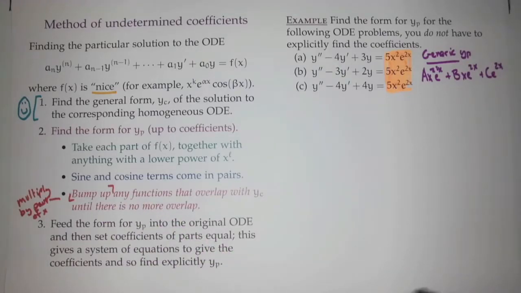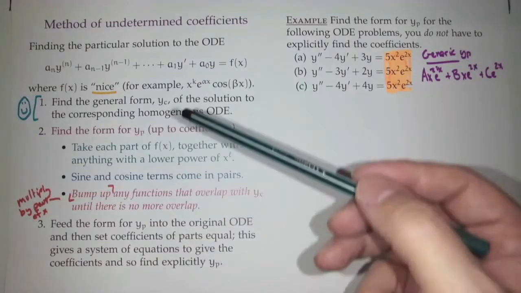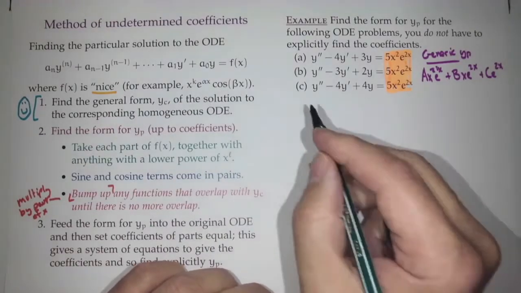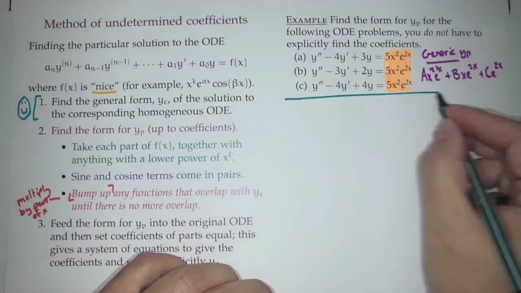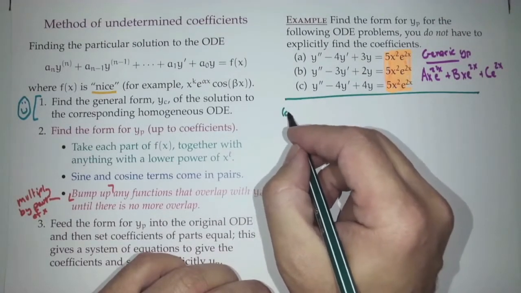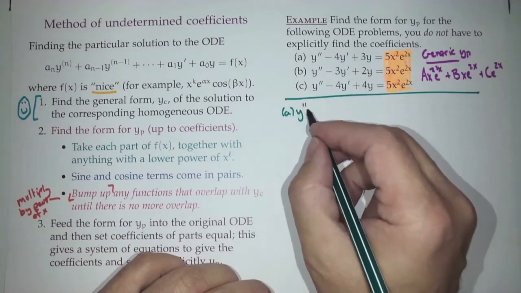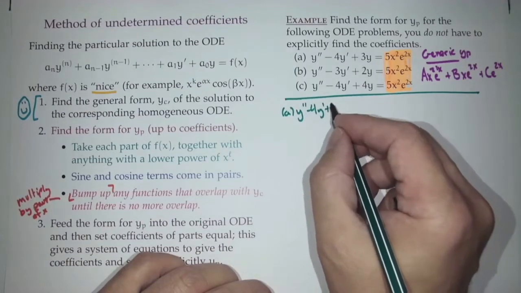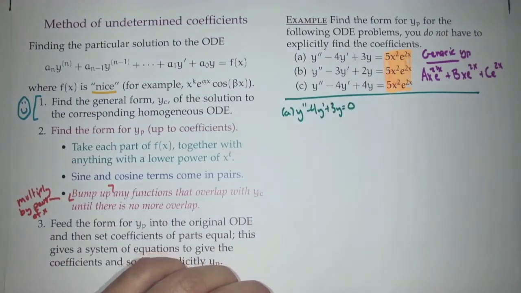For that, we really need to look at our homogeneous solution. Let's start with part A. We have y double prime minus 4y prime plus 3y equals 0. We're doing the homogeneous part. Translate that into our equation for r.